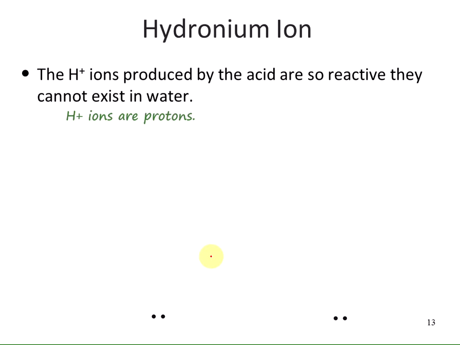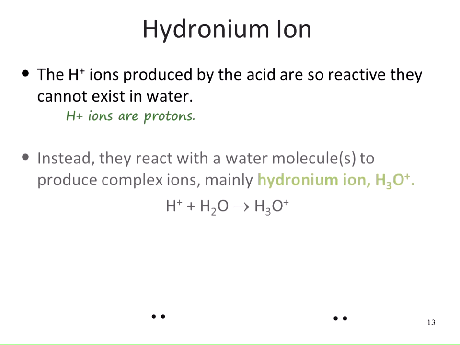The protons produced by the acid are so reactive that they cannot exist in water. And remember, the H plus ions are termed protons. Instead, they react with water molecules to produce complex ions, mainly the hydronium ion, which is the H3O plus. So remember that those H pluses are so reactive, they're not going to just exist on their own in solution.